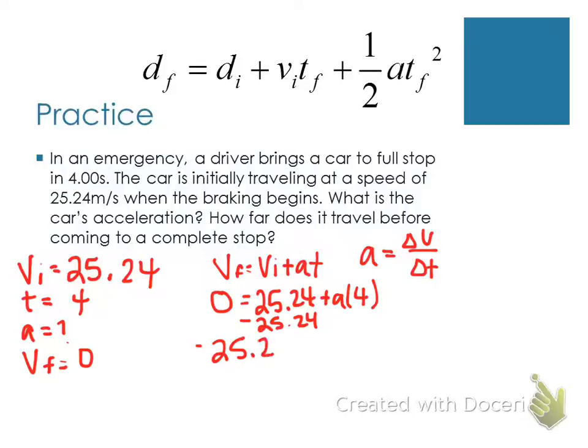Negative 25.24 equals 4A. So now I'm going to divide by 4. Negative 6.31. Do we all agree on our acceleration with that? Negative 6.31? Yeah.